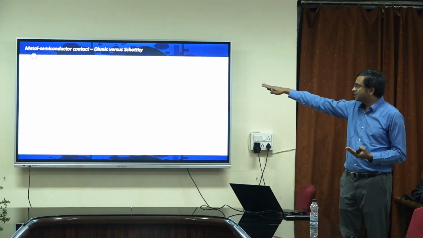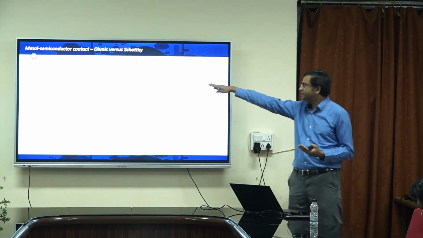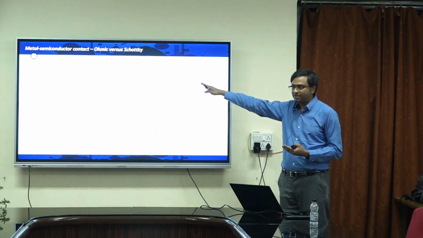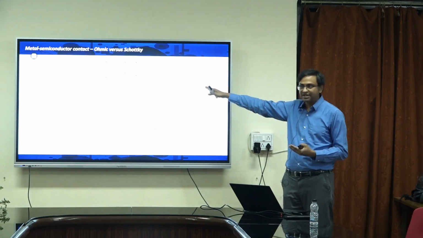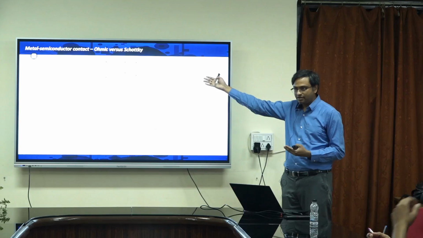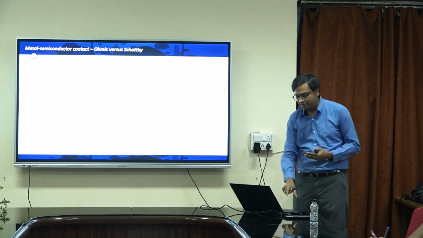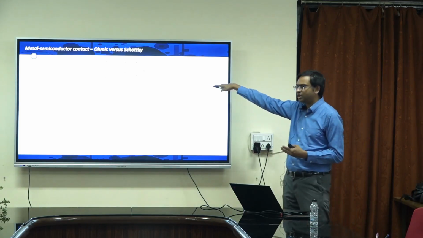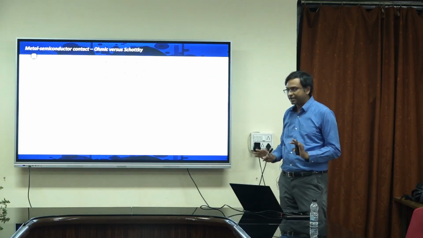And then you have a semiconductor which has a conduction band, valence band, and based on the doping I have a Fermi level. Based on the Fermi level, is this an n type or a p type? This is the n type semiconductor, right. So it has an electron affinity which is given by that chi, this quantity over here, and it also has a work function which is generally how far the Fermi level is from the vacuum level.